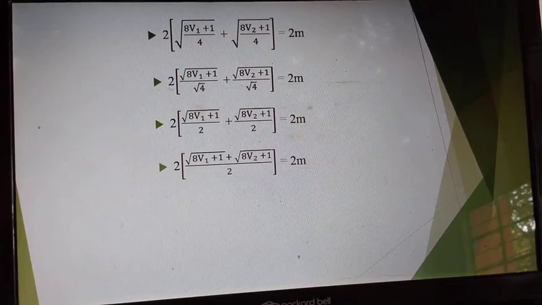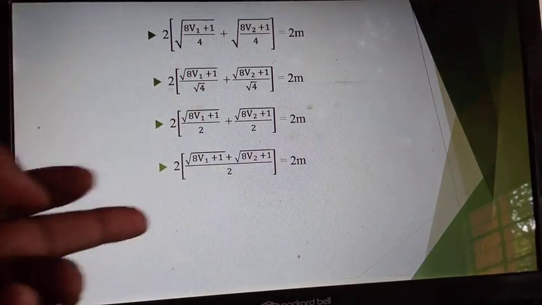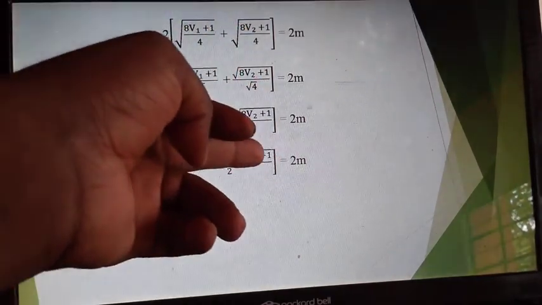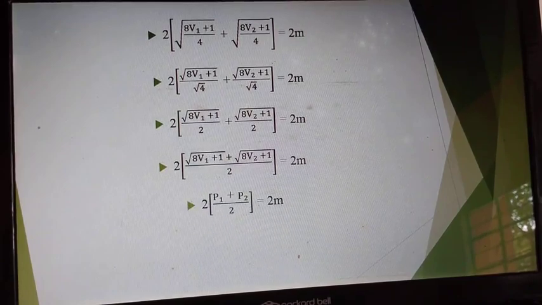But remember what the square root of 8V1 plus 1 and the square root of 8V2 plus 1 mean. The first one means the first prime number that we are adding, and the other one means the second prime number. So we take back P1 and P2 into that. Substituting P1 and P2, we get this.